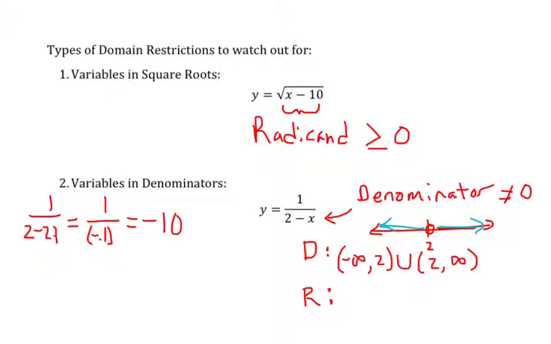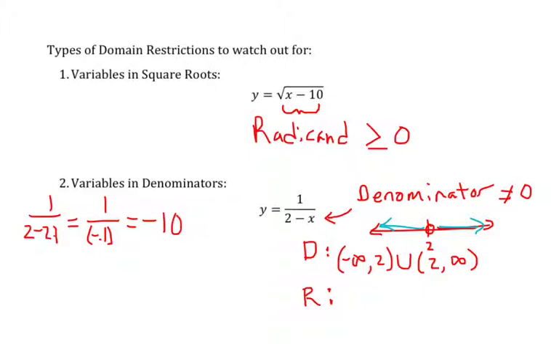If we pick a number even closer to 2, we'll get an even larger number. If this is 2.0001, then this is going to be negative 10,000. So this is going to be a big negative number, or large in absolute value. And so we can get numbers all the way down there.